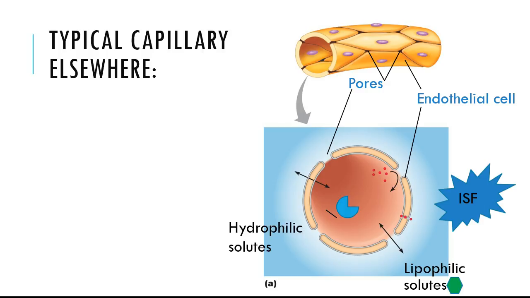Hydrophilic substances could still be transported if there's a transporter. And if you're way down here on the lower right hand side, that's representing the transcytosis we covered in chapter 4. And so you'll see that endocytosis, trafficking, and exocytosis. So you're going to see some proteins or larger hydrophilic particles transcytosed from the plasma across the capillary cell out into the what?